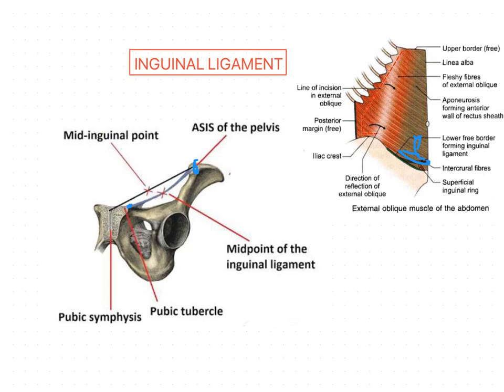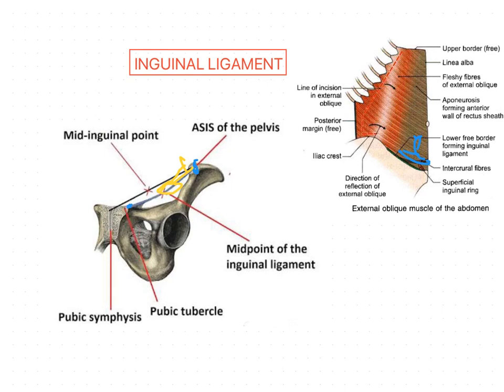The upper surface of the ligament gives origin to the internal oblique from its lateral 2/3, and another muscle, the transverse abdominis, originates from its lateral 1/3, and the cremaster muscle from its middle part.